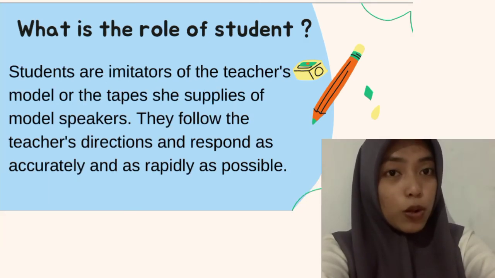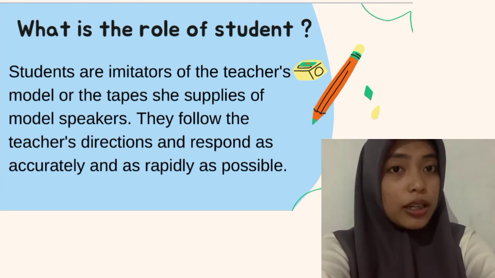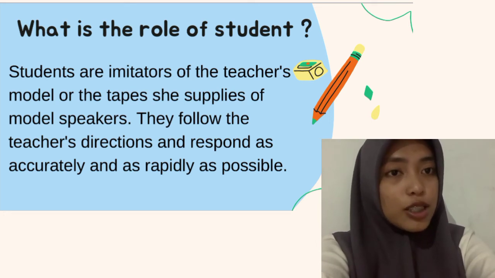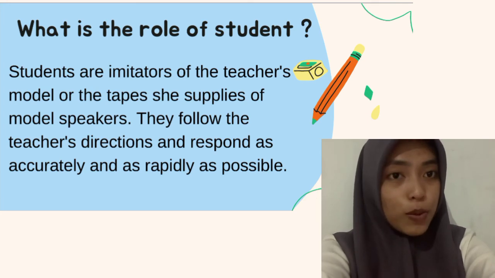Next, what is the role of the student? Students are imitators of the teacher model, or the tapes she supplies of model speakers. They follow the teacher's directions and respond as accurately and as rapidly as possible.